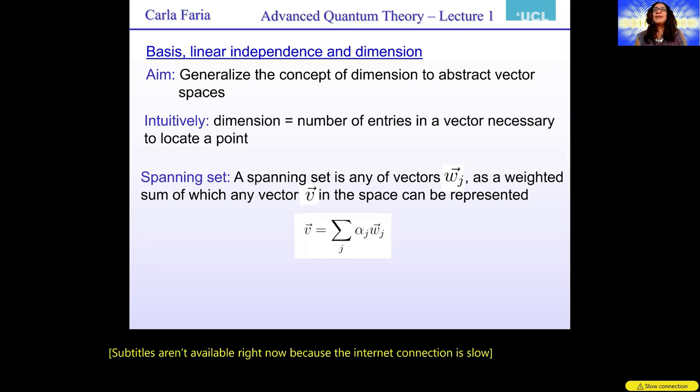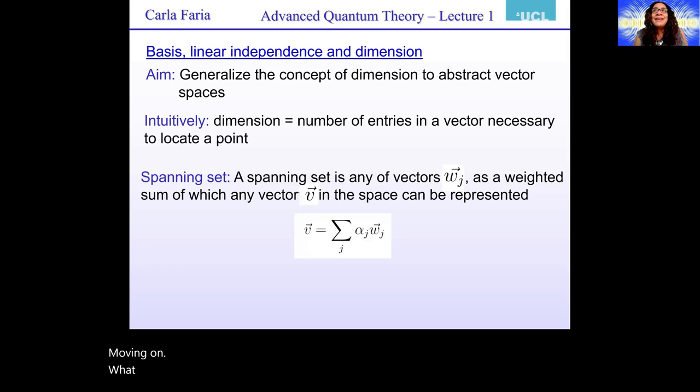So, moving on, what do we need to span this space? If you have an arbitrary vector, let's call it V, you can construct this vector as a weighted sum of a set of vectors, let's call them omega j, and this alpha j that you see is like a weighting.